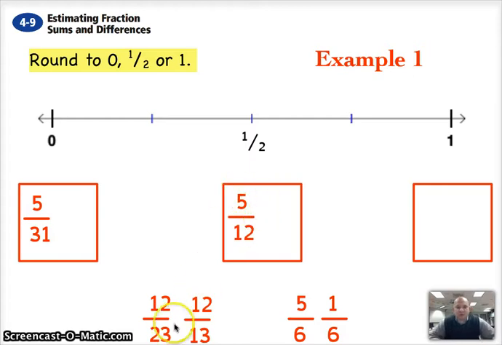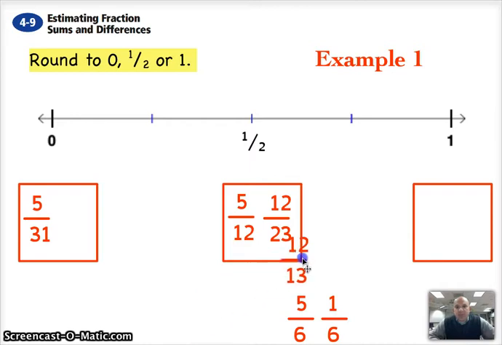It's closest to 1/2. 12/23, I'm going to place right here in this box. Why? Because I know that 12/24 is exactly half again. So 12/23 is just a little bit over that half mark. So it's going to be closer to 1/2.